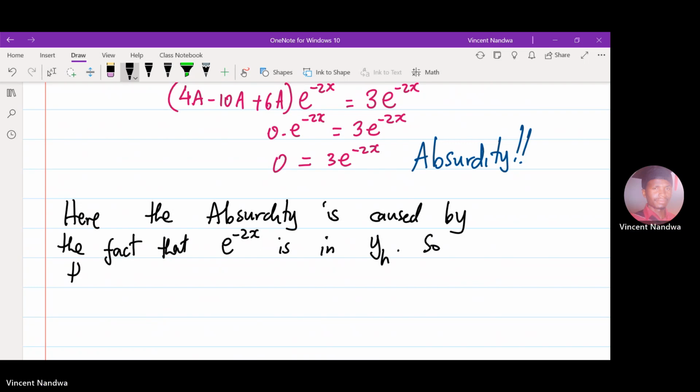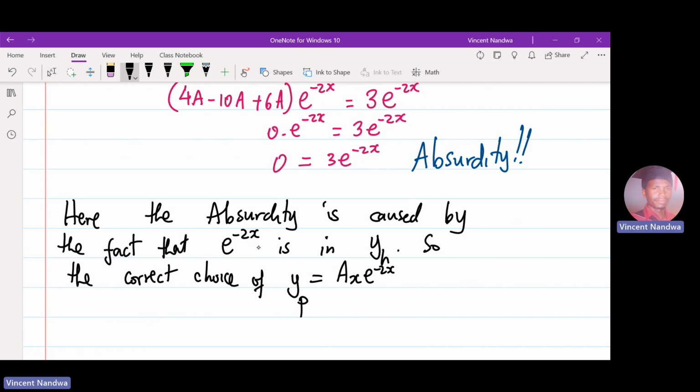So the correct choice of YP will be ax e raised power minus 2x, which is linearly independent with this function which is in the YH solution. So with that choice of YP, you should not be in trouble as in the first case.